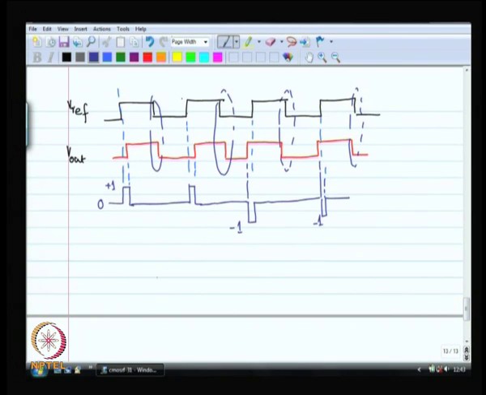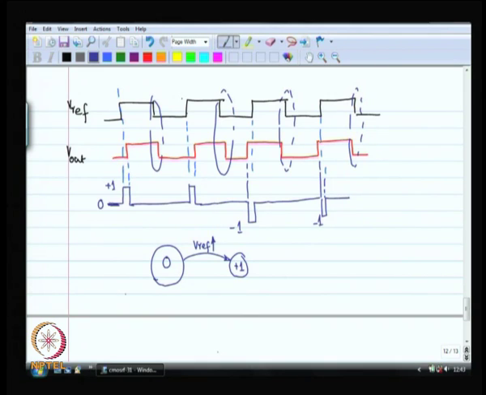So, I am going to start with the 0 state, and when I am at the 0 state, this is my 0 state. If there is a rising edge on Vref, then I want to output plus 1. This is the state when the output is plus 1.